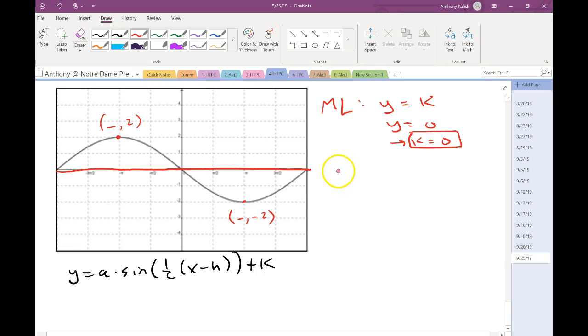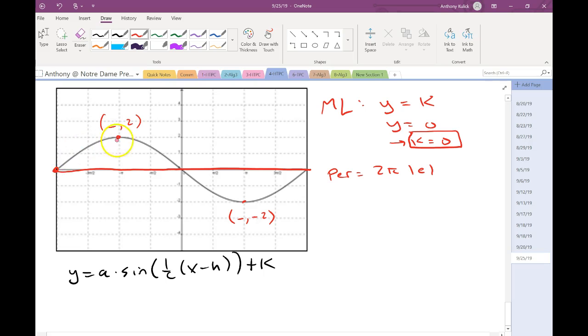C, okay. I know that the period is related to C, and that the period is 2 pi times the absolute value of C. So I need to figure out what the period is in this graph. So how long does it take to make a full up and down cycle for this graph?